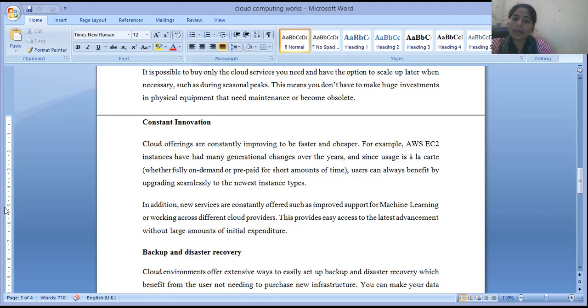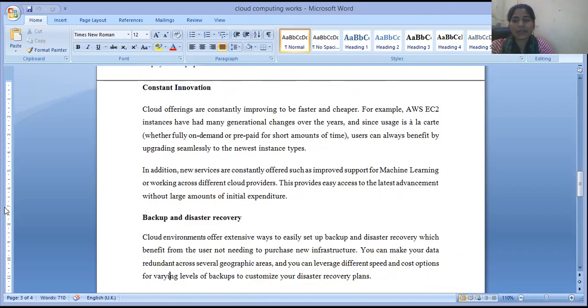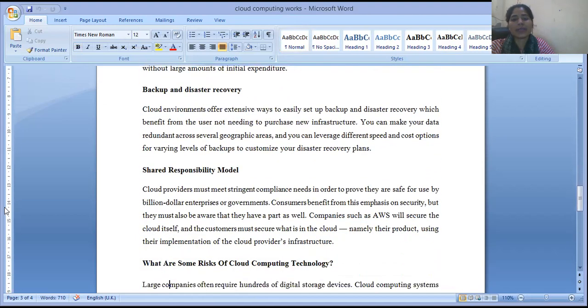So now, backup and disaster recovery. You all know that data is very precious, so taking a backup and recovery of that data during any disaster is important. Cloud environments offer extensive ways to easily set up backup and disaster recovery, which benefits users by letting them store their data safely in the cloud.